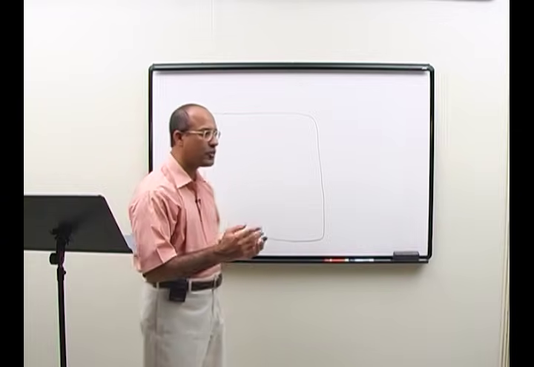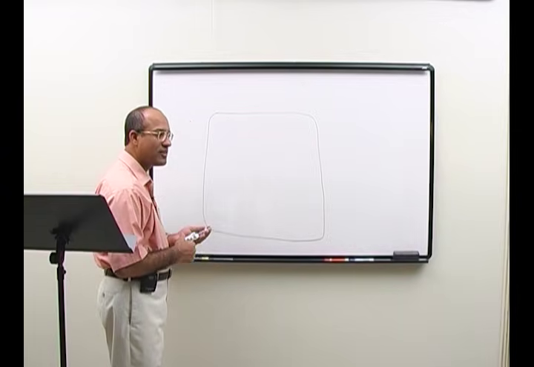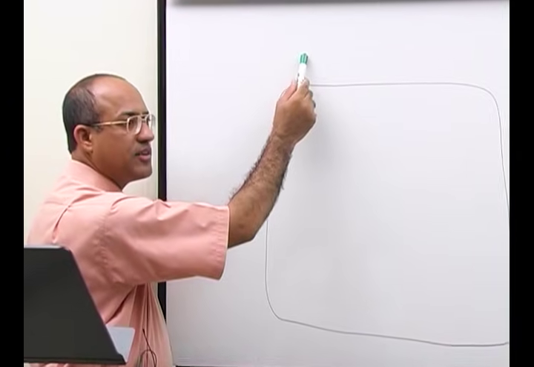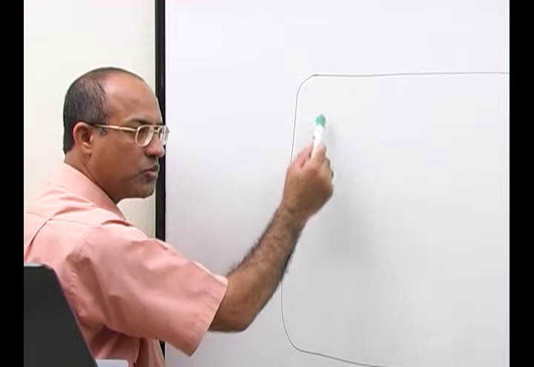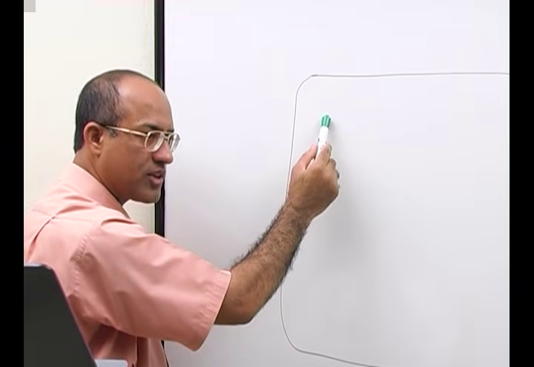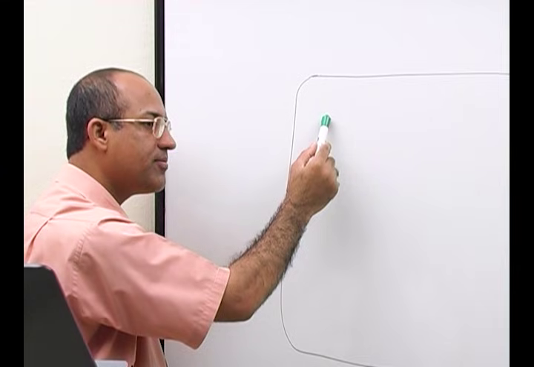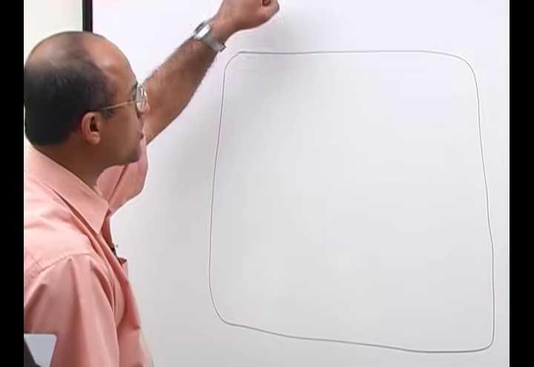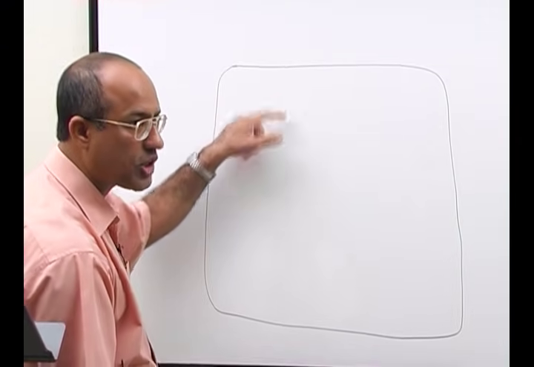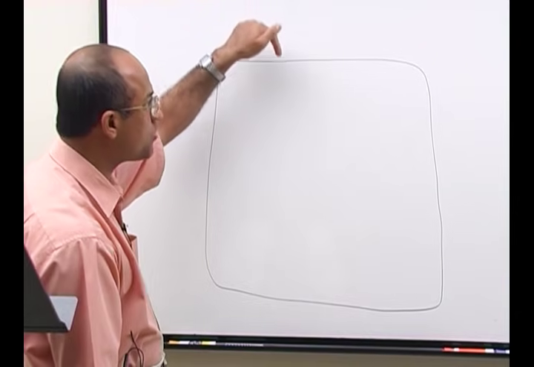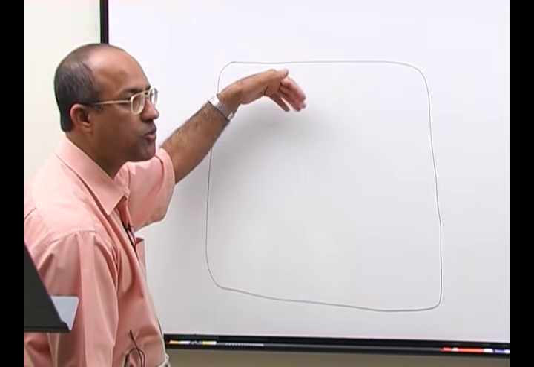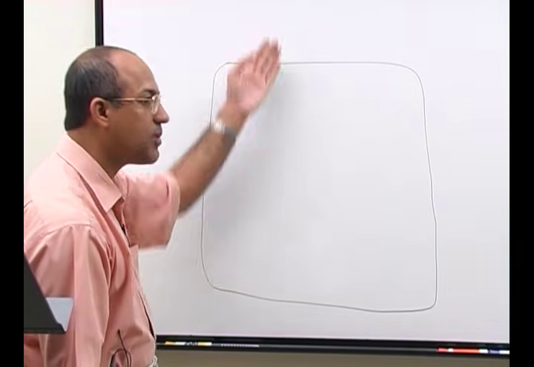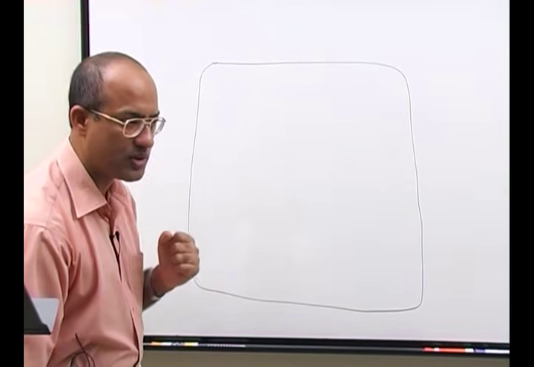Right, so let's have a little review of what we have done up to now. If a substance is simply diffusing through the membrane, moving from high concentration to low concentration, this is an example of simple diffusion. If a substance is moving from high concentration to low concentration across the membrane, but for its movement it requires a special type of protein, which may be channels or carrier proteins, that is an example of facilitated diffusion.